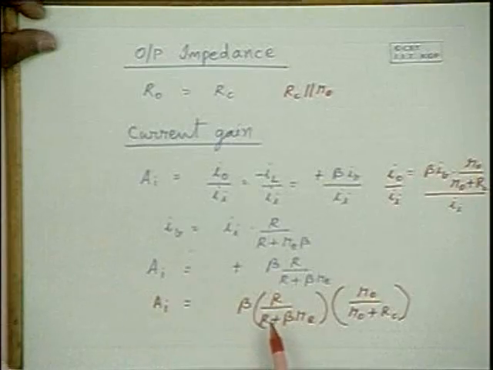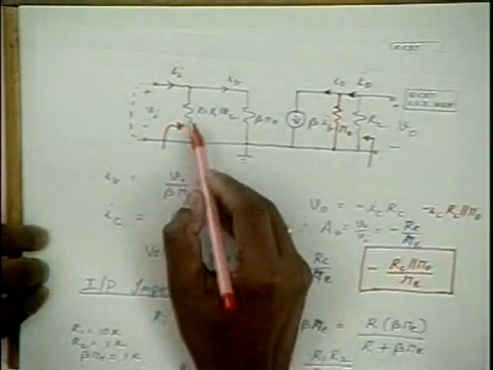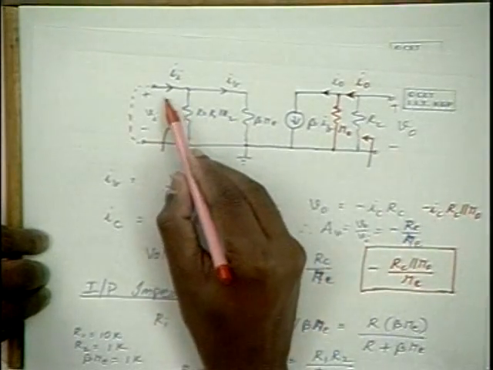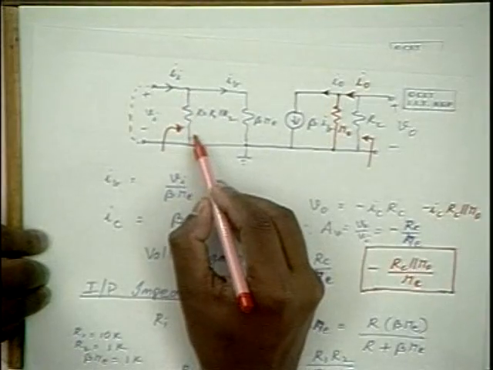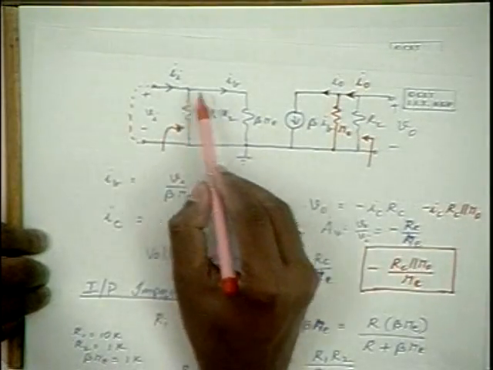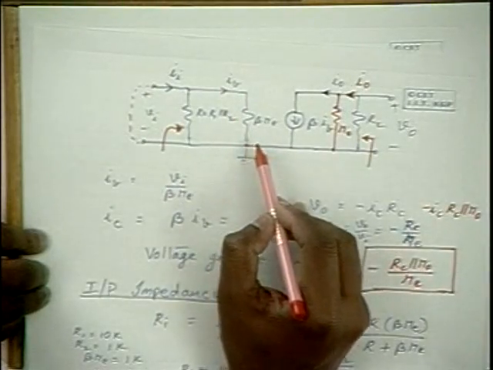Now, what is the typical expression here? Let us find an approximate expression. When R is much larger than beta RE, that means when this is much larger than this, we can neglect the part of the current that flows through this, and we can assume that the input current is equivalent to the current through the transistor itself.